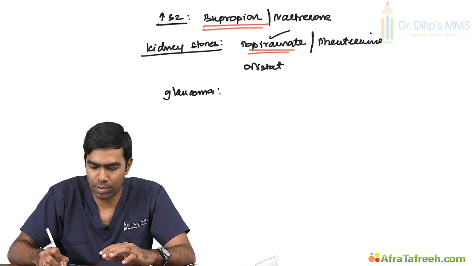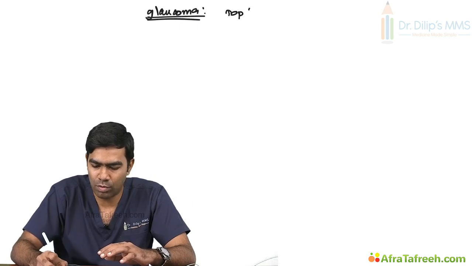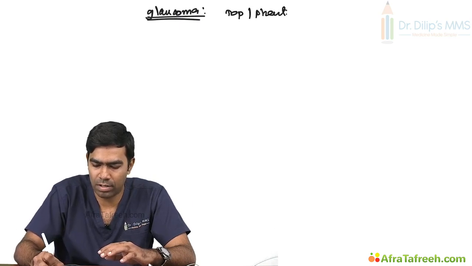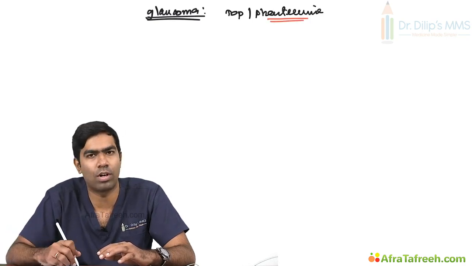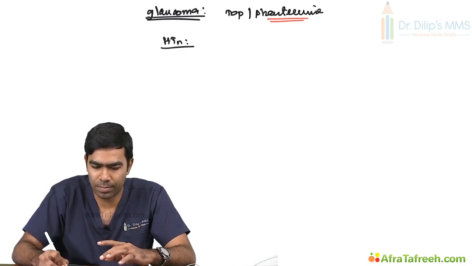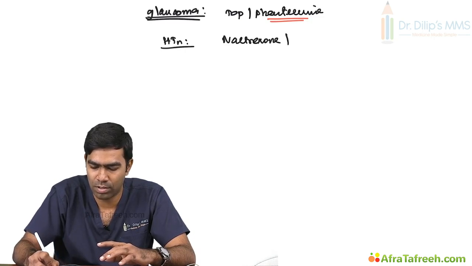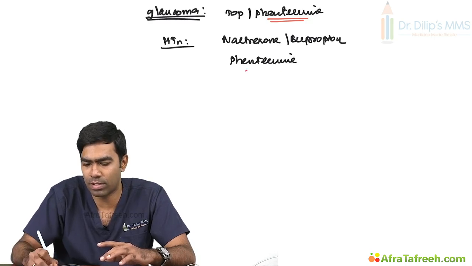And glaucoma. Glaucoma can be as a result of topiramate and phentermine combination, and here it is due to the phentermine component, not topiramate. Glaucoma is due to the phentermine component. Hypertension is associated with naltrexone and bupropion combination, and it can be related to phentermine or phentermine topiramate combination as well.